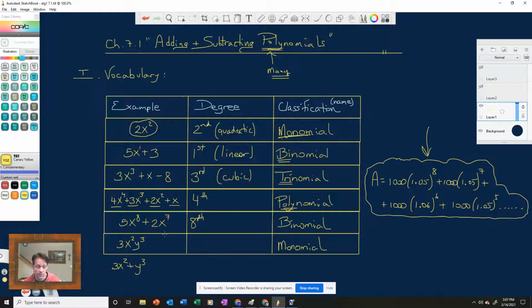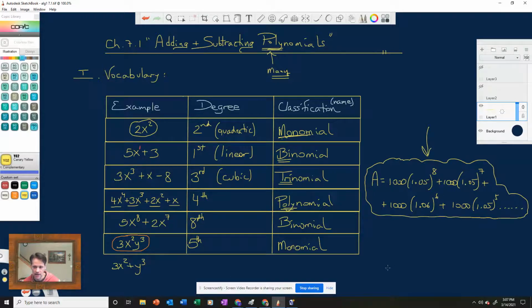And now the tricky part is this. Because this monomial has 2 different kinds of letters, finding the degree is a little tricky. What you actually have to do is you need to add these exponents up. So this would be called a 5th degree monomial or a quintic monomial. Okay?